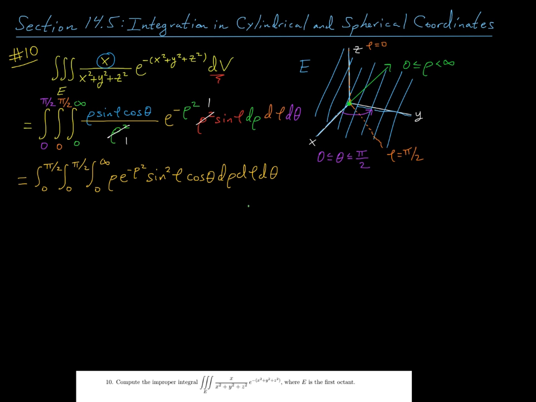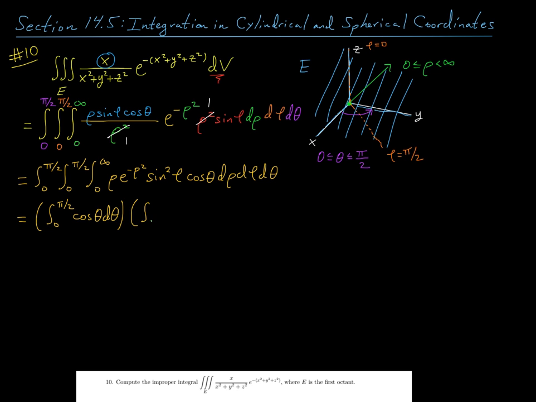Alright, now our integrand is a product where the expression rho e to the minus rho squared depends only on rho, sine squared phi depends only on phi, and cos theta depends only on theta. And so now I'm going to go ahead and break that up as the integral from 0 to pi over 2 of cos theta d theta.